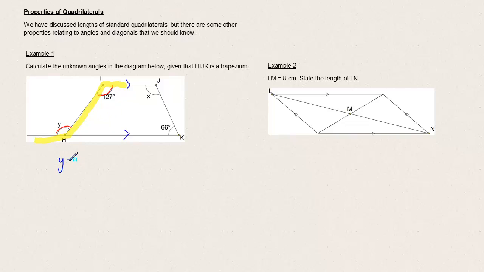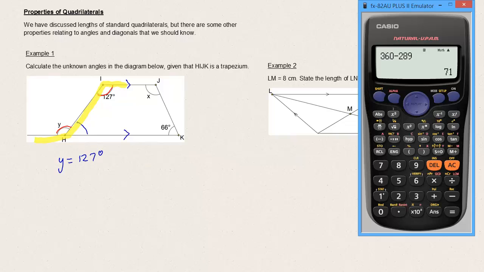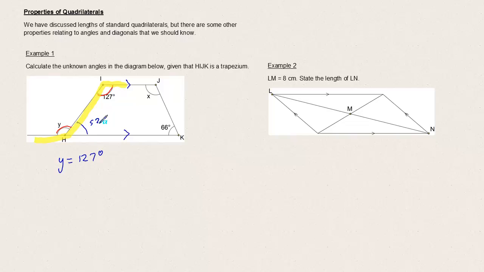So we can say that Y is 127 degrees. Not only that, but angles on a straight line add to 180. So 180 take away 127 gives me 53 degrees.